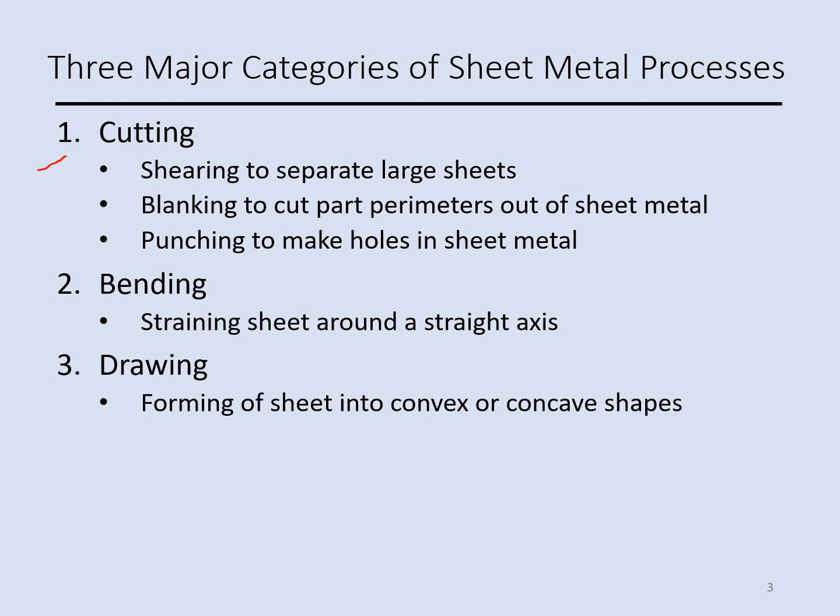All these processes are performed on very thin sheet metals between 0.5, 0.4 millimeter up to 6 millimeter, or between 1/64 and a quarter inch in size.